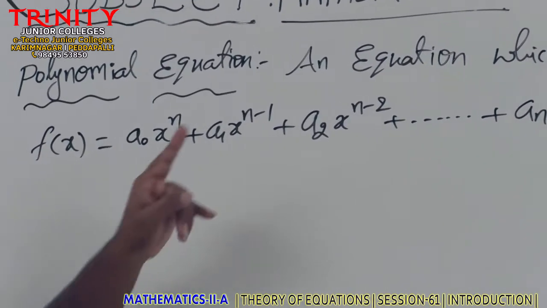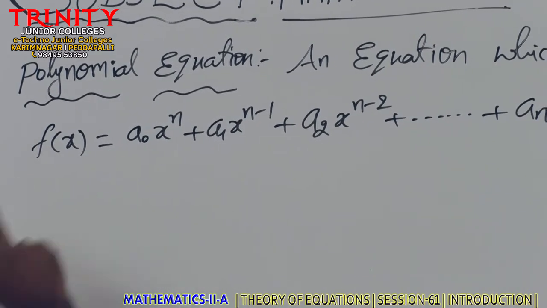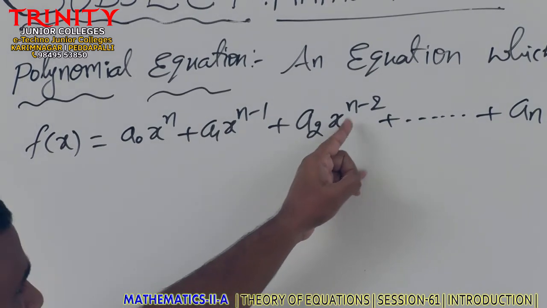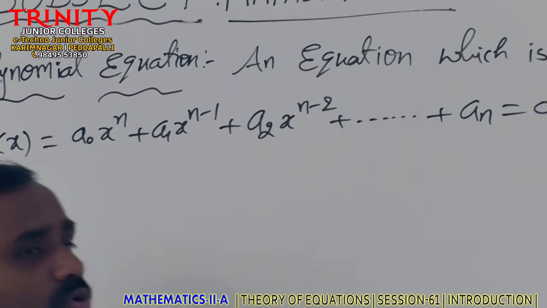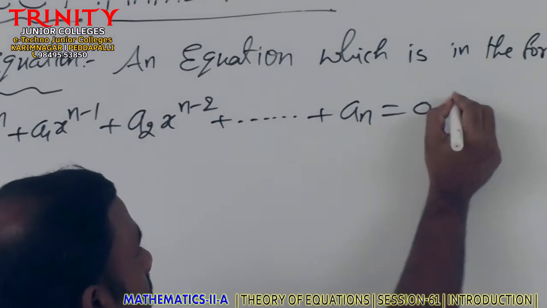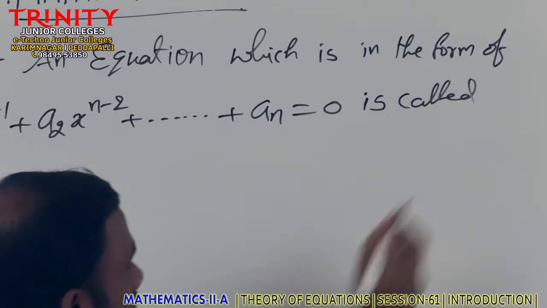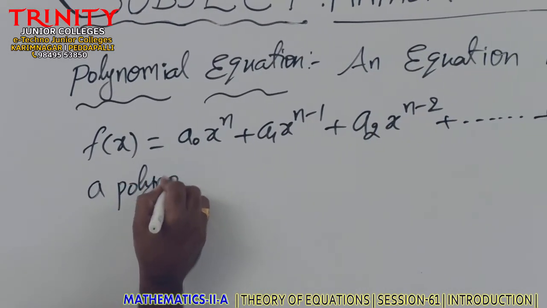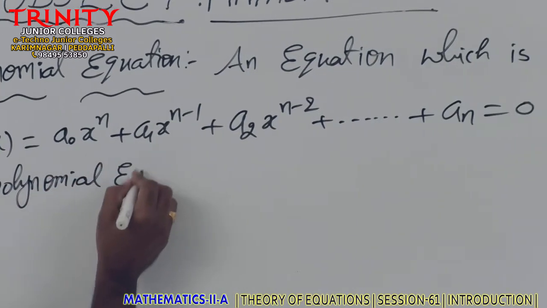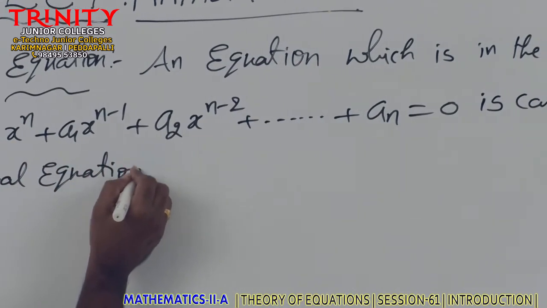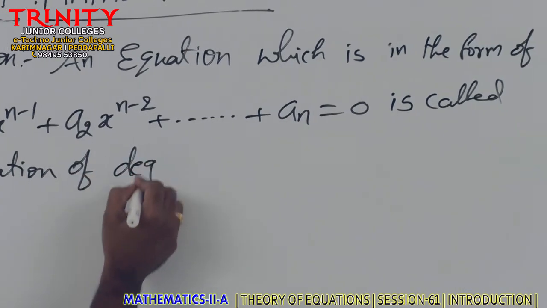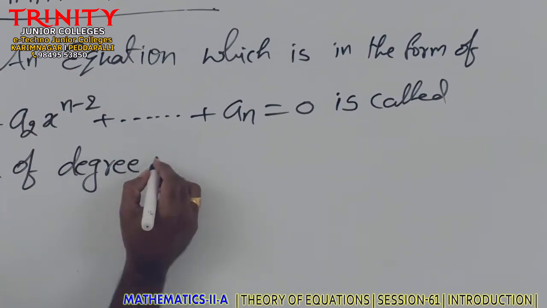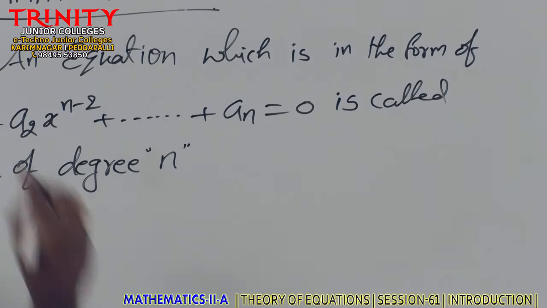This equation, f of x is equal to a naught x power n plus a1 x power n minus 1 plus a2 x power n minus 2 plus so on plus an is equal to 0, is called a polynomial equation of degree n.